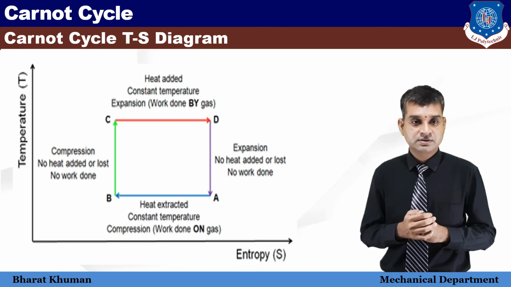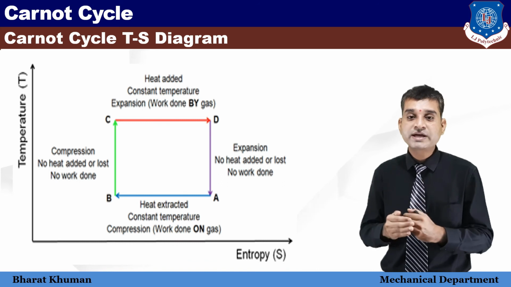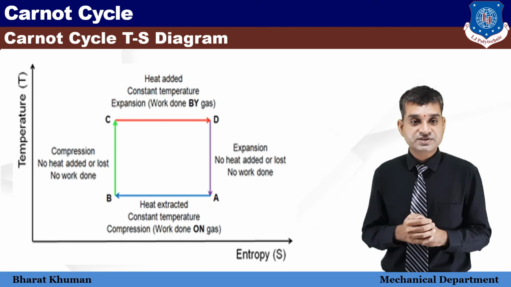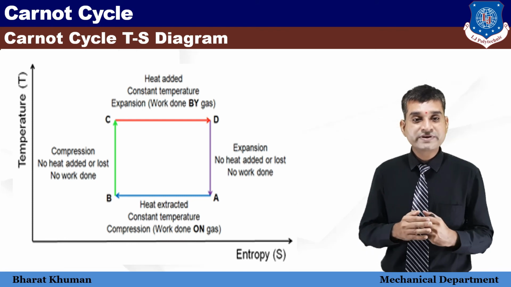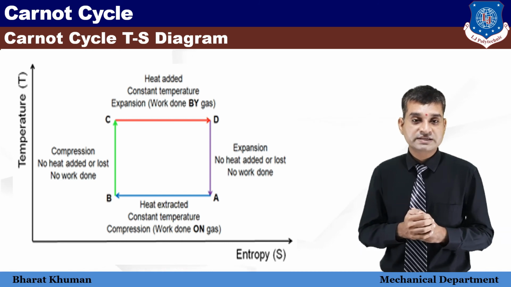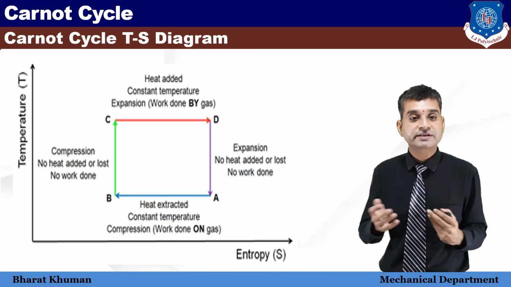Third, the efficiency of a Carnot heat engine is always smaller than 1. Only when the highest temperature is infinite or the lowest temperature is 0 could the thermal efficiency be 1. But both methods are impossible in practice.